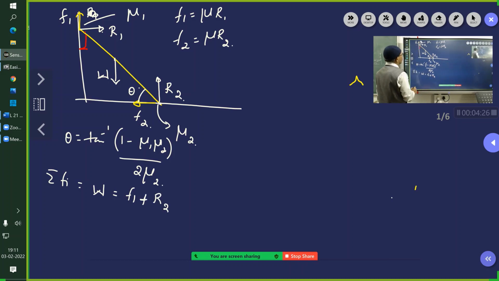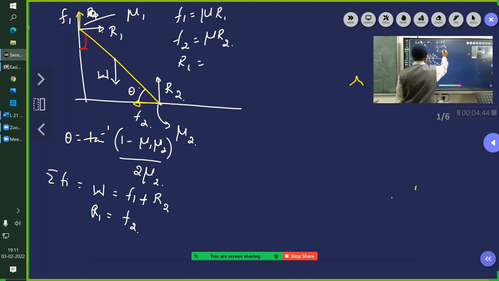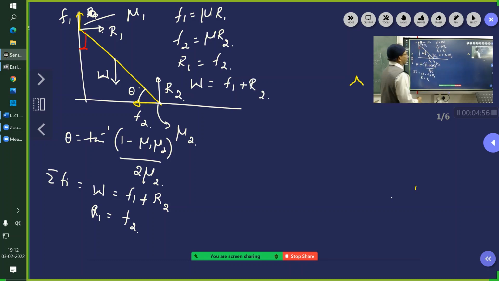Both are up. And as far as the horizontal reaction is concerned, R1 will be equal to F2. So all those conditions are clear here: R1 is equal to F2 and W is equal to F1 plus R2.